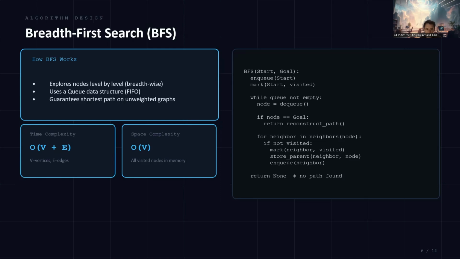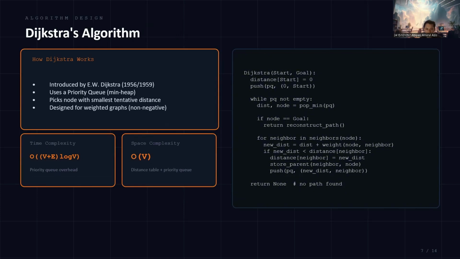be the shortest. Dijkstra is designed for weighted graphs with non-negative edge costs. Instead of a queue, it uses a priority queue, a min heap. At each step, the algorithm selects the node with the smallest tentative distance. This allows it to find the minimum cost path even when edge weights are different.